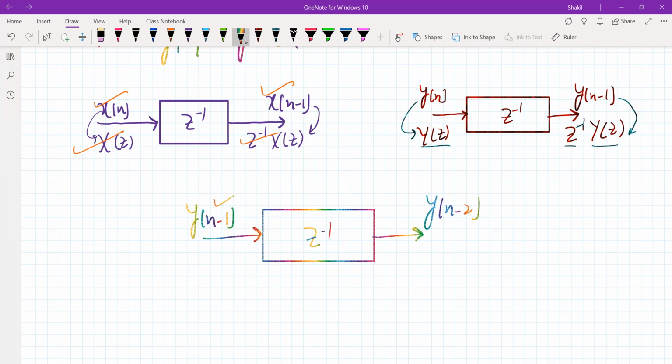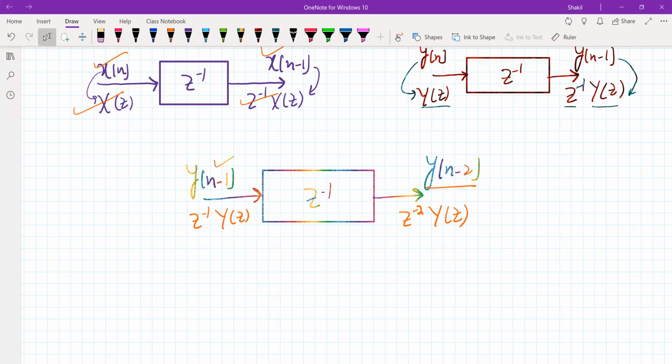That will be y of n minus 1 minus 1, so that will be y of n minus 2. Now the same thing in the frequency domain can be written as z inverse times z inverse y of z, which is z raised to the power minus 2 y of z.